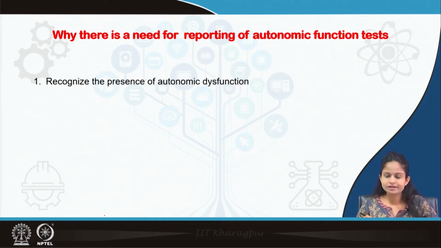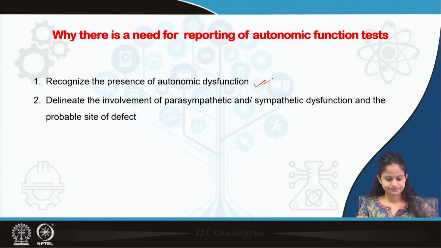So why is there a need for reporting of autonomic function tests? As I had already told you, with the help of the test you would be able to recognize the presence of autonomic dysfunction and where the dysfunction is. Then you want to check whether the sympathetic loop has any problem or the parasympathetic loop has any problem, so the site of the problem needs to be detected.